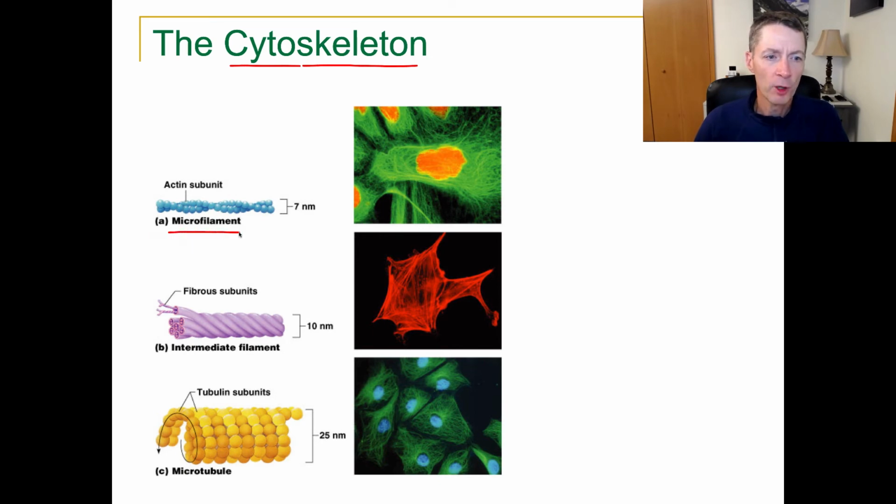Microfilaments, okay, would be the first one. Here we see some microfilaments that are in green here for this cell, and these are a very special kind of microscope that would give us these images. A confocal microscope would give you this kind of fluorescent look to the cells.